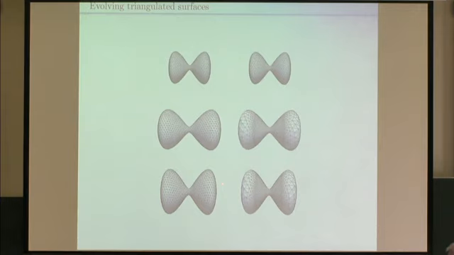This triangulation was obtained by moving the vertices of these triangles in the normal direction. These vertices were moved in a different way. They lead to different triangulations. Yes? What's the underlying evolution equation? There's no evolution equation.